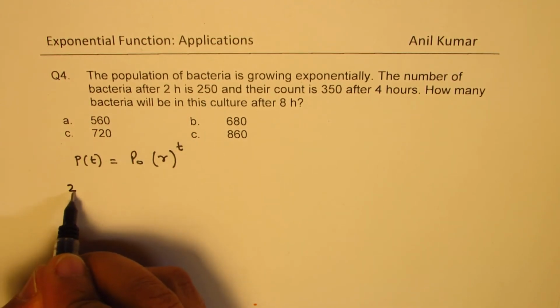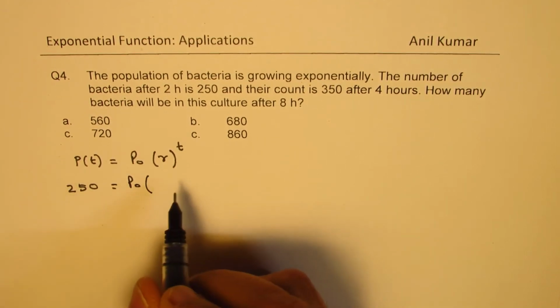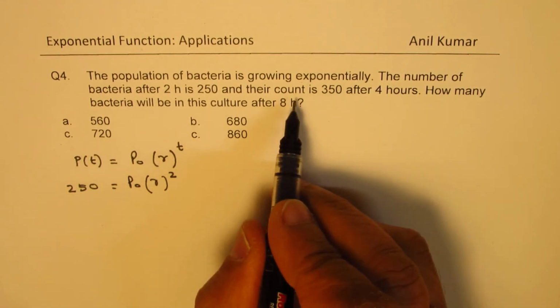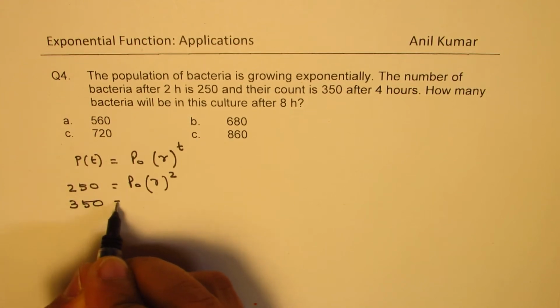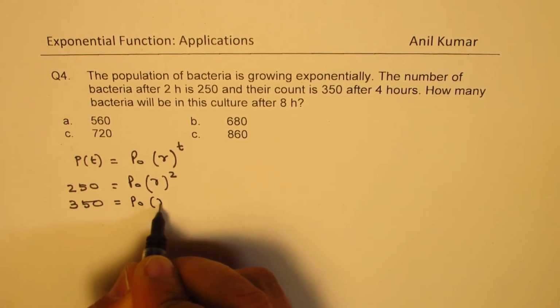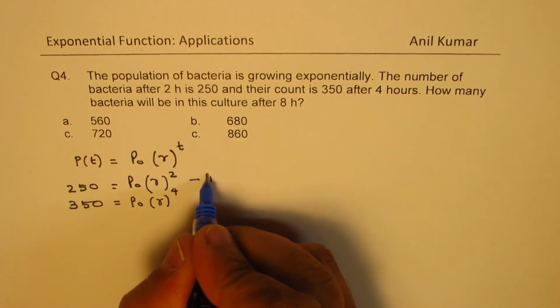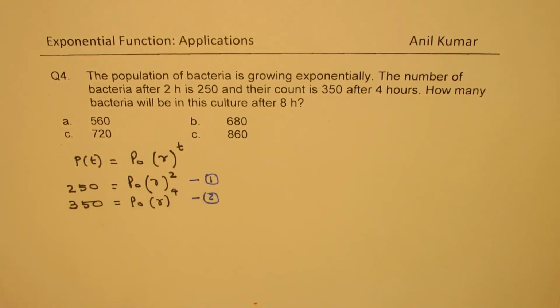So we say 250 is equal to initial value times r to the power of 2. And the count is 350 after 4 hours. So 350 is the count after 4 hours. We have two equations. With these two equations, we can always find the value of R and P0, right?